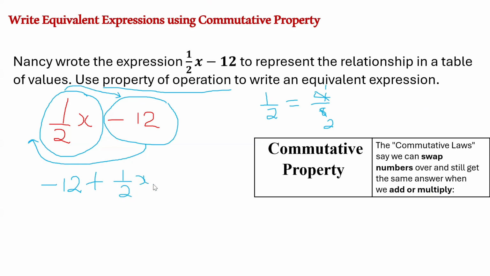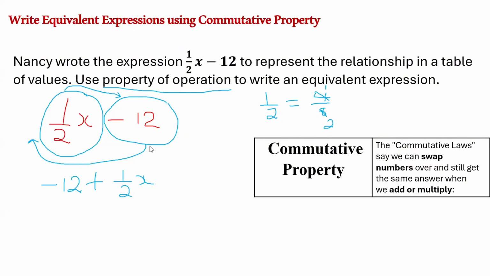x. All right. So commutative property, as we said, is that when we swap numbers over, we still get the same answer if we add or multiply them. So when I swap positive 1/2 x with minus 12, I get negative 12 plus 1/2 x.